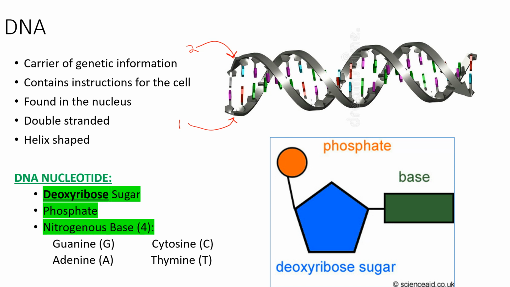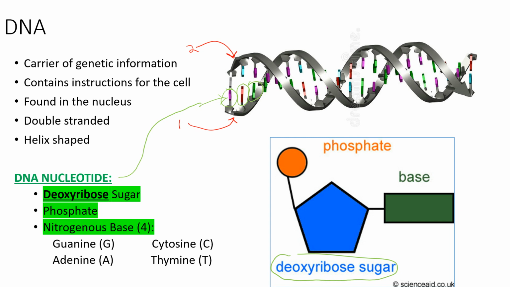but DNA is double-stranded. Now, each one of these structures here that you're seeing, that one, this one, that one, these are called nucleotides. So those are the nucleotides. And each DNA nucleotide, we said generally a nucleotide is made up of a sugar, a phosphate, and a base, but specifically a DNA nucleotide is made up of a deoxyribose sugar, again represented by the pentagon over here in the picture, a phosphate group, which is represented by the orange circle, and a base that contains nitrogen, a nitrogenous base.